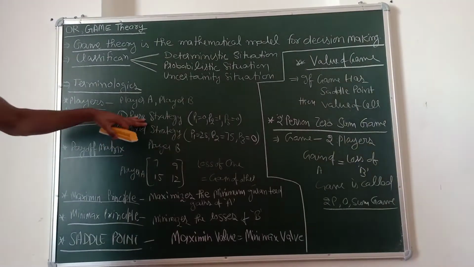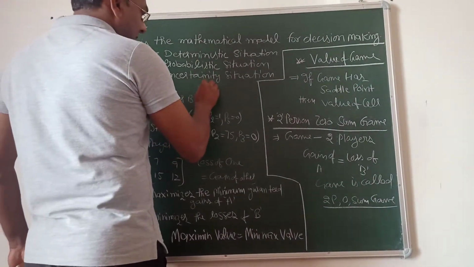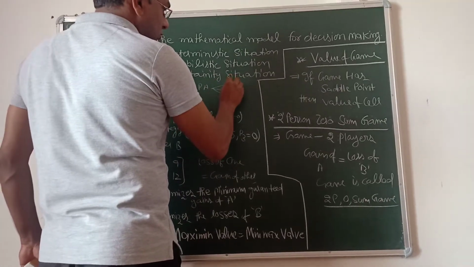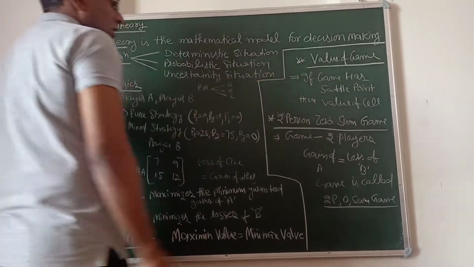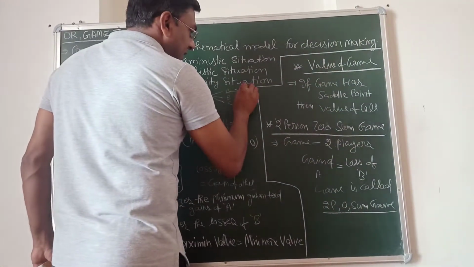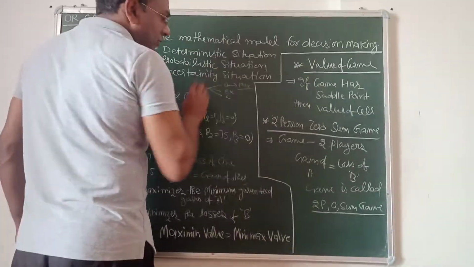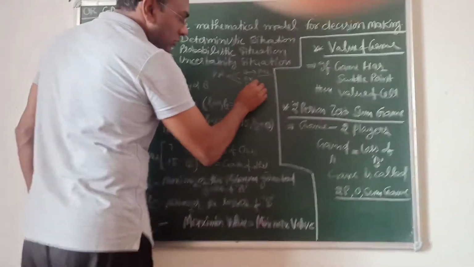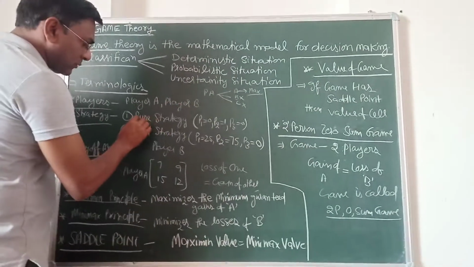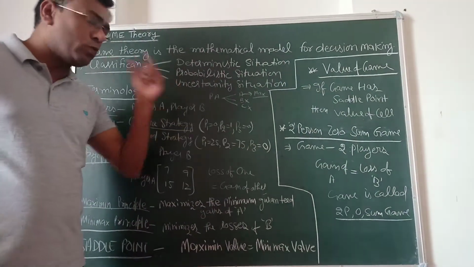For example, player A has three options to choose from: A, B, C. So he will choose only one option, for example option A, and he will get maximum profit. So he will not use strategy B, he will also not use strategy C. That type of strategy is called a pure strategy, meaning he is only using one strategy.